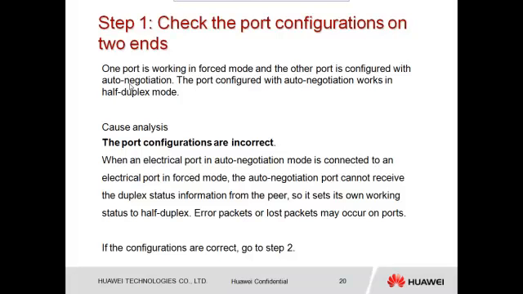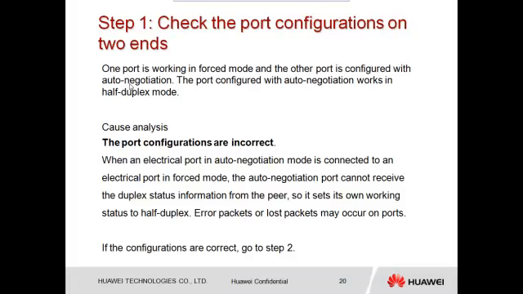So if we enable auto negotiation on two sides, they will exchange the duplex status information. If one side disables auto negotiation, then it cannot send any information about this interface to the other side. So the switch that enabled auto negotiation will set its own working status to half-duplex.